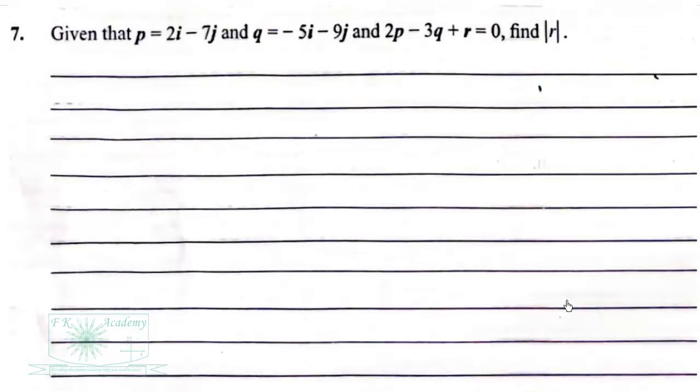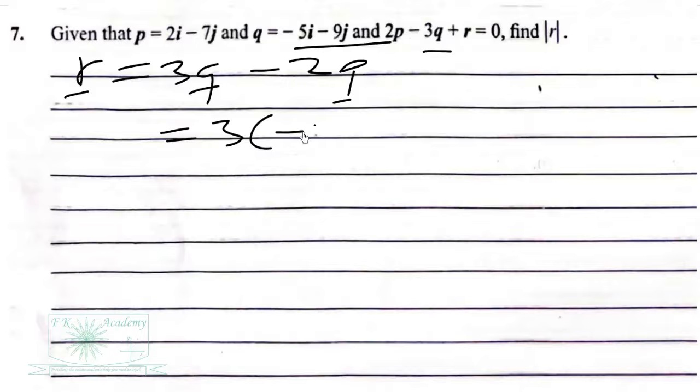We have the seventh question here. Given that P is this, Q is this, and R equals 2P minus 3Q, find the magnitude of R. So we can make R the subject quickly. This becomes positive 3Q minus 2P. So we know the Q: 3 times negative 5I minus 9J, minus 2 times P, which is 2I minus 7J.